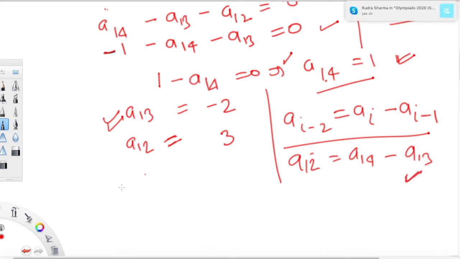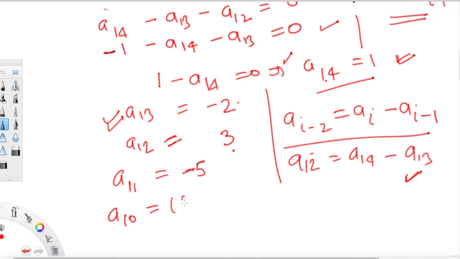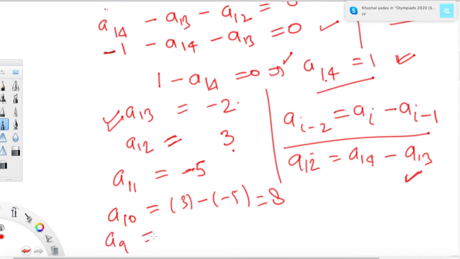Now, what is the value of a11? Minus 2 minus 3, that is negative 5. What is the value of a10? 3 minus minus 5, that is 8. The value of a9 is minus 13. The value of a8 is 21.